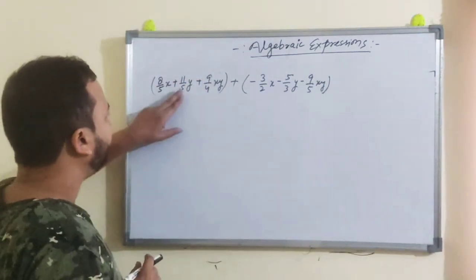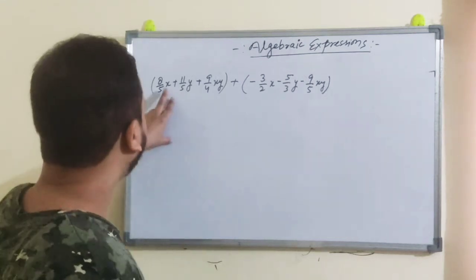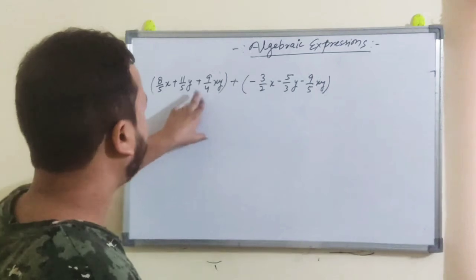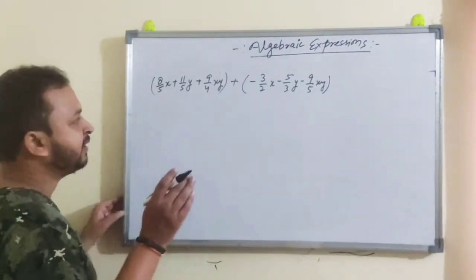First we have to make the groups of like terms, right? Here x and x is given, here y and y is given, here xy and xy is given. So we have to make the groups.